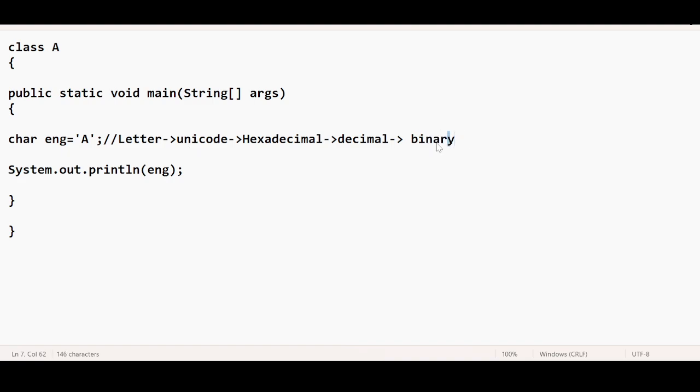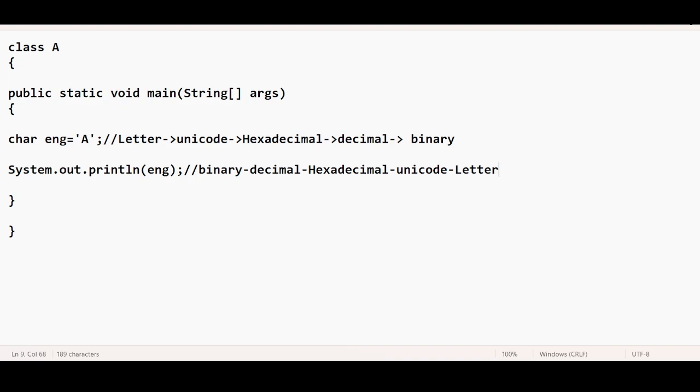And here the reverse will happen: the binary number will get converted to decimal, decimal will get converted to hexadecimal, this hexadecimal will find the equivalent Unicode, and from the equivalent Unicode, the extraction of the actual letter will be done.